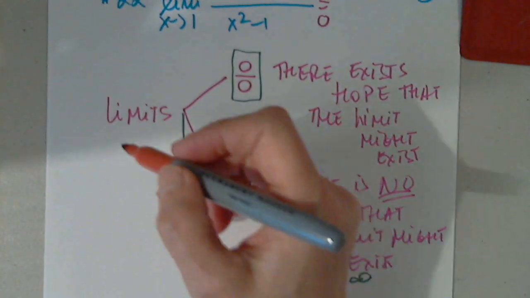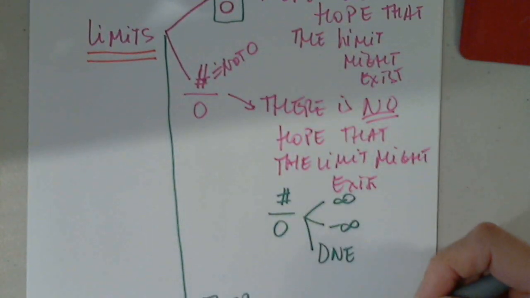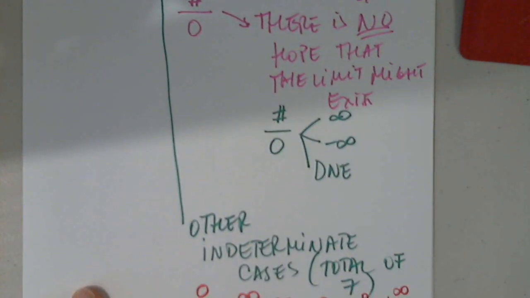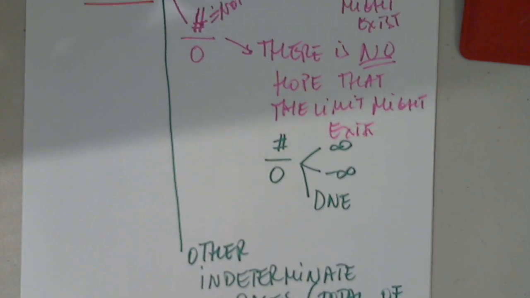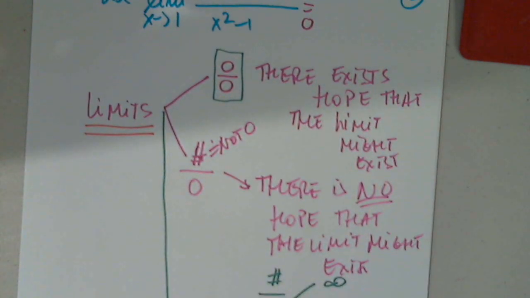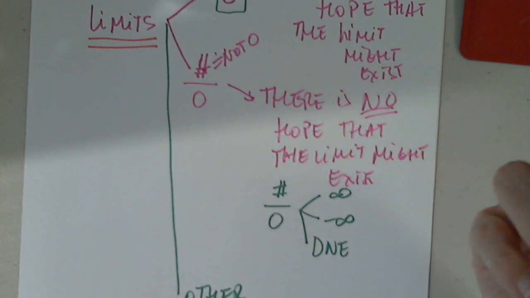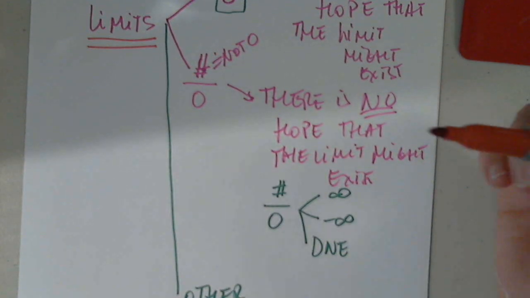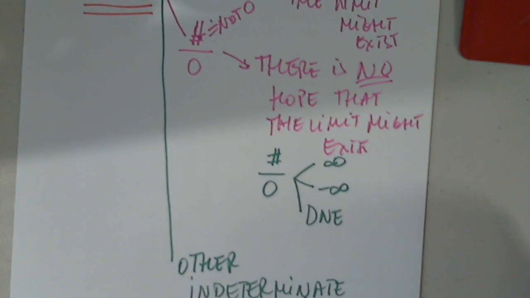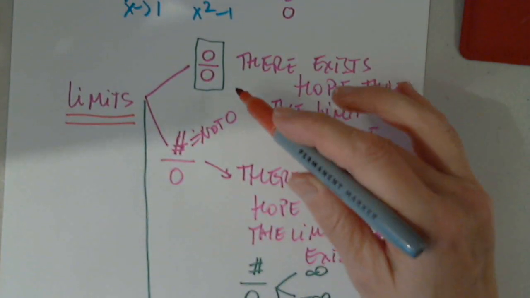So when it comes to limits again, we can have basically an indeterminate case. All of these have hope. I just didn't want to add them in there because this is what we are discussing right now, a situation of 0 over 0. So basically there are 2 major possibilities. An indeterminate case that has hope. I'm not saying that the limit exists.